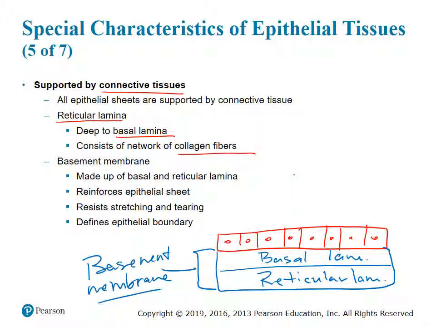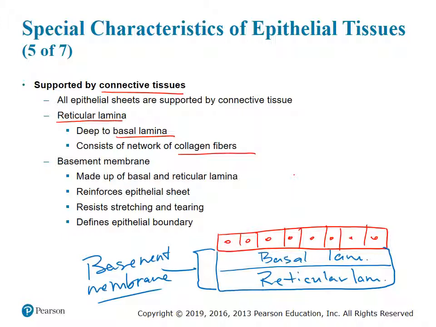Okay. So if I was looking at a side view of the tissue, let's say skin, just for our example, the top red squares are your epithelial tissue. Lying underneath is the basal lamina, which is kind of like a glue. And underneath that is the reticular lamina, which is made up of collagen fibers.